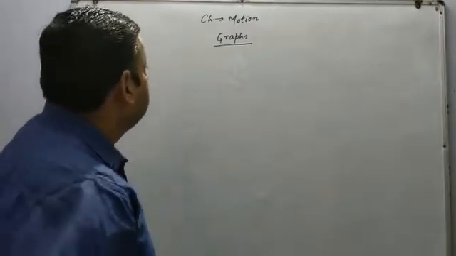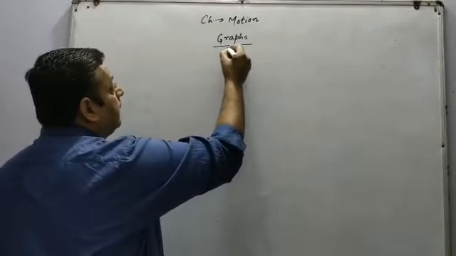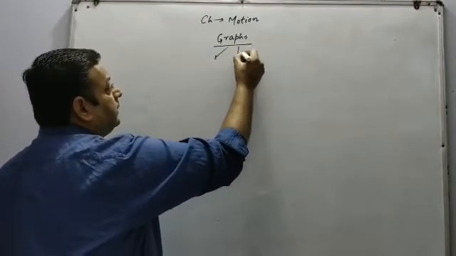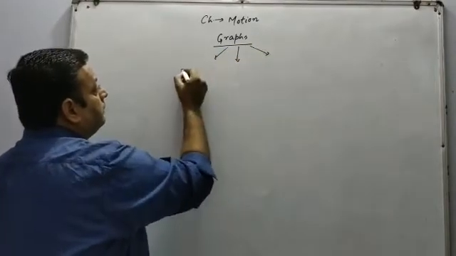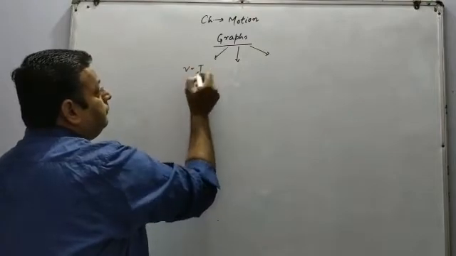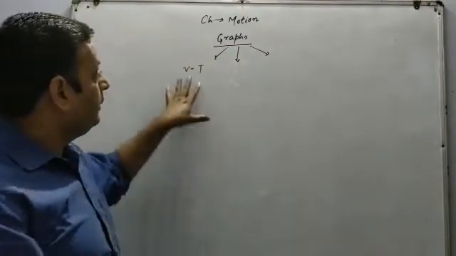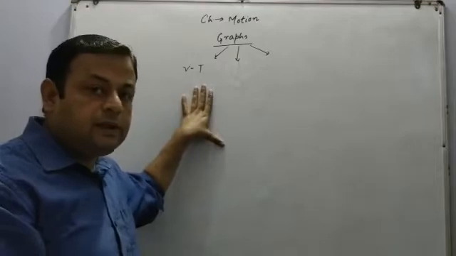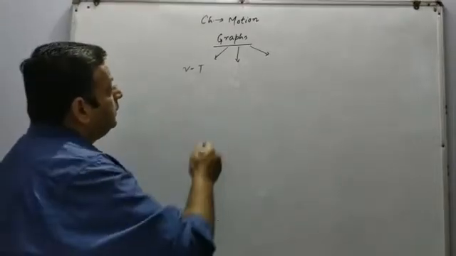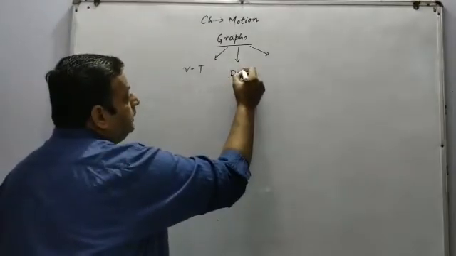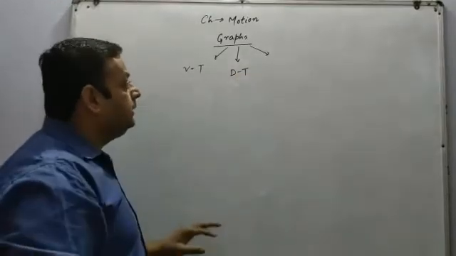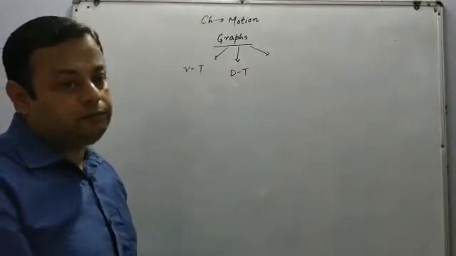Now in class 9, the graphs are of three types. Number one is VT graph, also called velocity time graph. Number two, DT graph, means distance time graph.